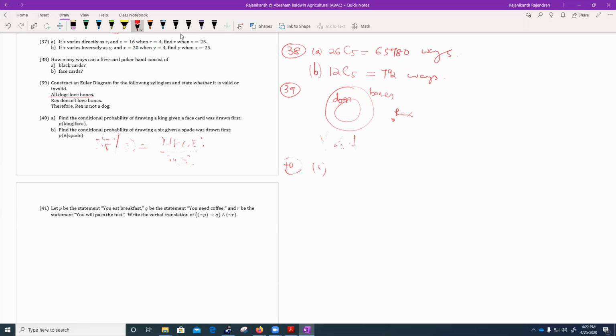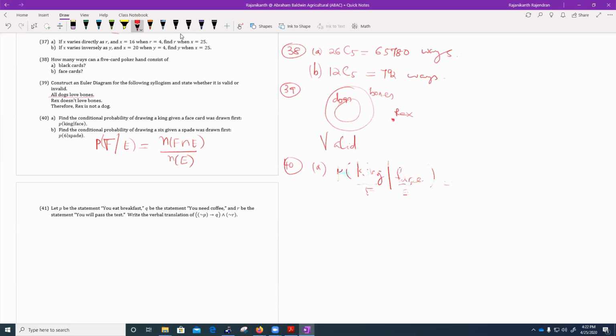The first thing is to find the conditional probability of drawing a king given a face card was drawn first. So the probability of choosing a king the second time, given the condition that a face card is already taken out. Remember, this is my event F, this is my event E.